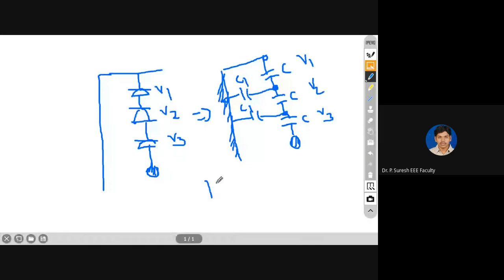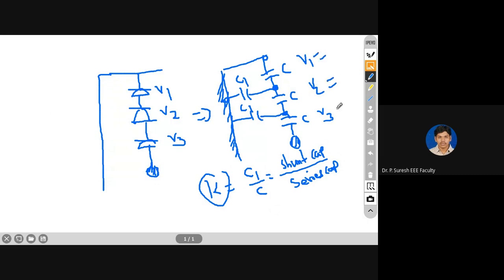So here we have one constant K. K equals C1 by C. What is C1? Shunt capacitance, or earth capacitance, divided by series capacitance. They will give these values. They will give the capacitance of each disc and the shunt capacitance. Otherwise, they will give this K factor, the multiplication factor. So we need to calculate V1, V2, and V3. I'm directly writing the formulas here.